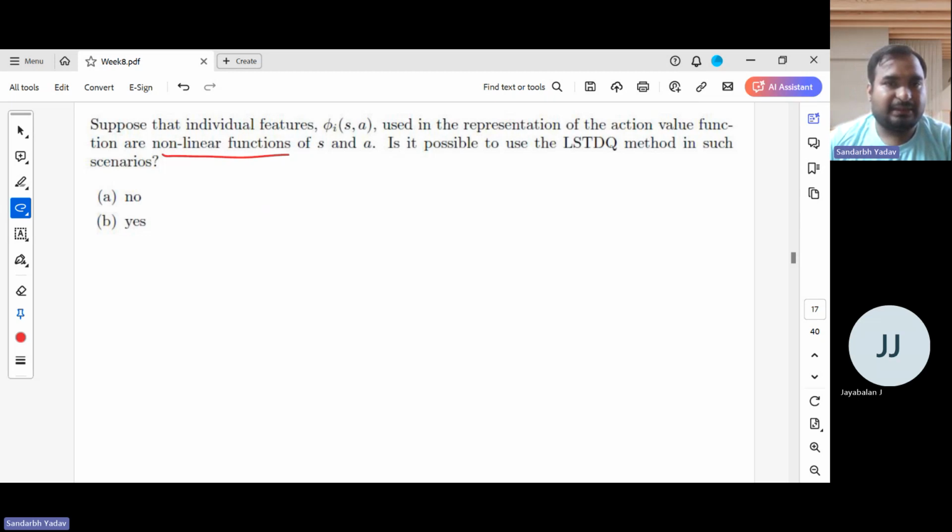So what they are saying is that this phi is a non-linear function of S and A. So remember one thing, when we say linear, it is linear in parameters, these parameters theta, not in phi. Phi can be non-linear. This is not just related to reinforcement learning, but in general machine learning, whenever you hear the term linear, like linear regression, it means it is linear in parameters, theta parameters, or sometimes W is used.